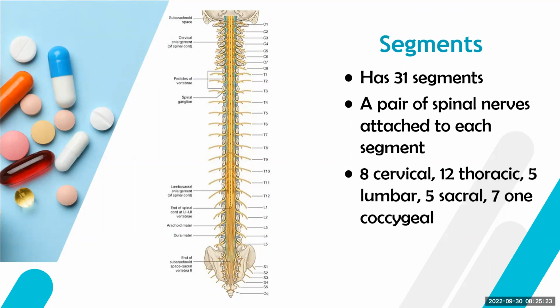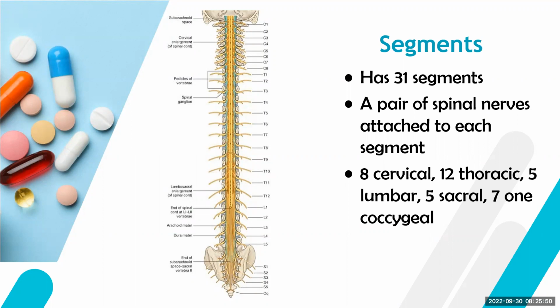Now we have 8 cervical, as I mentioned earlier. Because we have 8, the first cervical actually emerges above the first cervical vertebra, which is the atlas. And then we have one between the first and second, and then we have one below the seventh. So we have one above the first and one below the seventh.